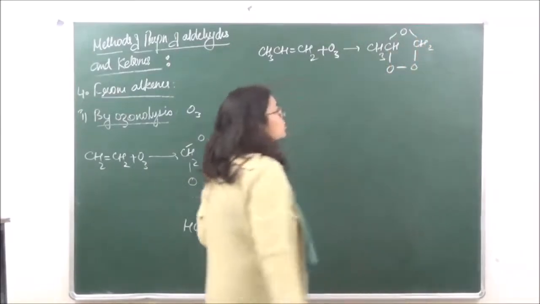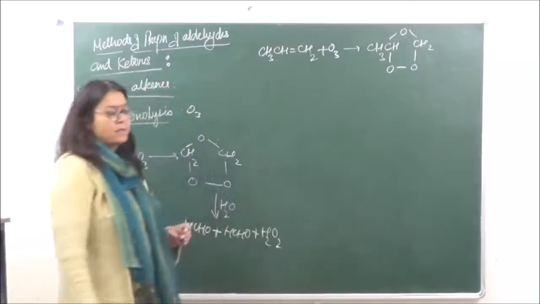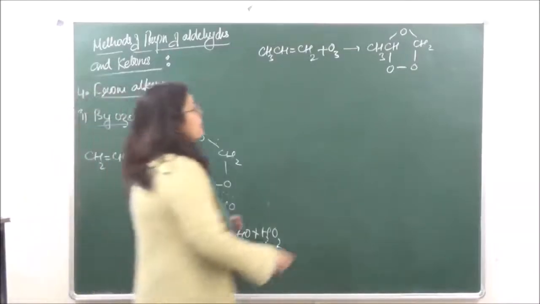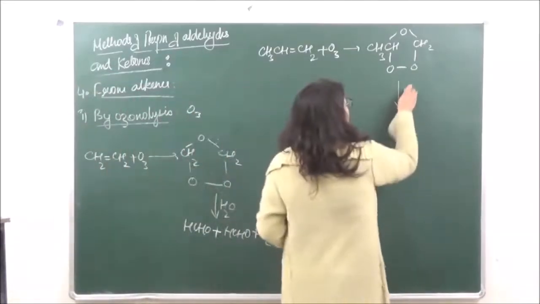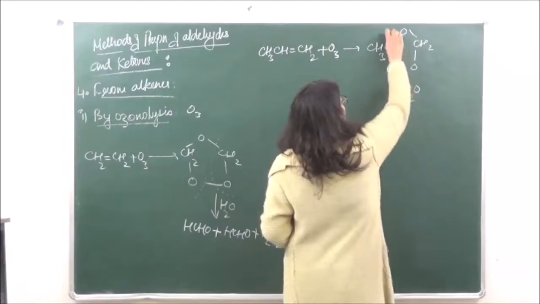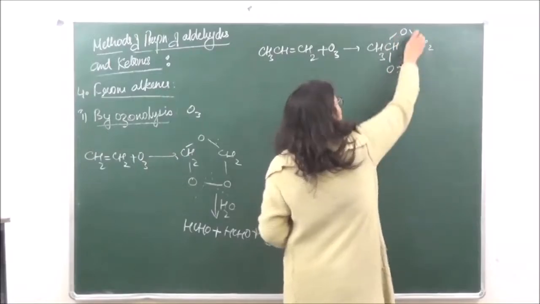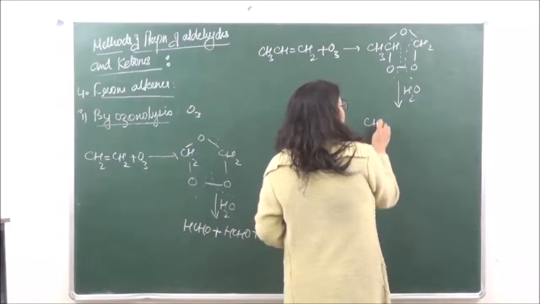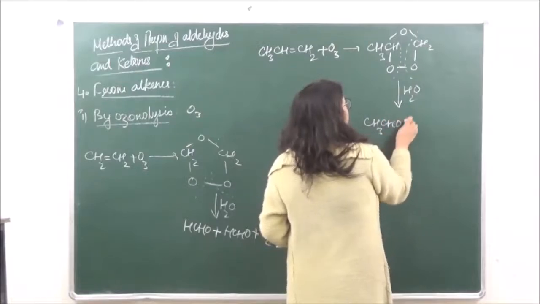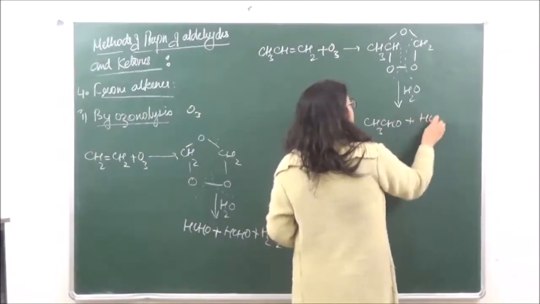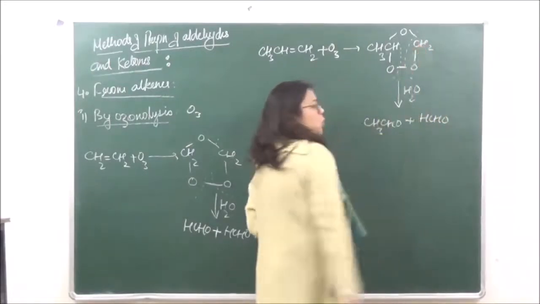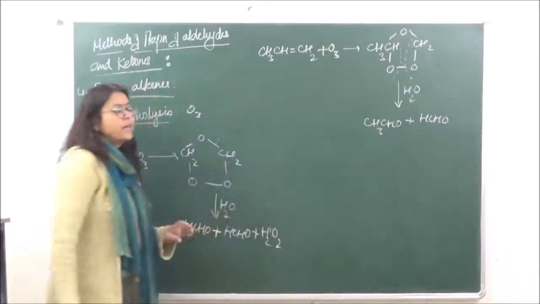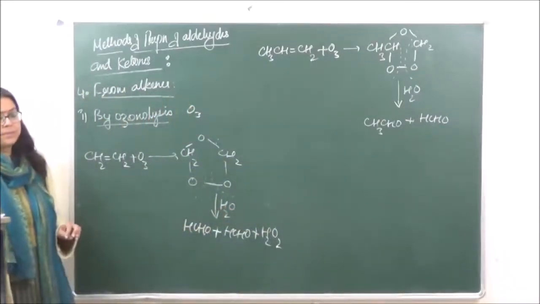This molecule is known as ozonide. Okay, then on reacting this with water, there is going to be a cleavage of the bond which will take place from here and here, such that we have CH3CHO plus HCHO. So we are going to get two different aldehydes over here.